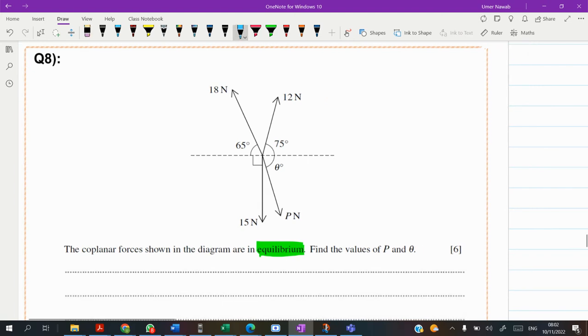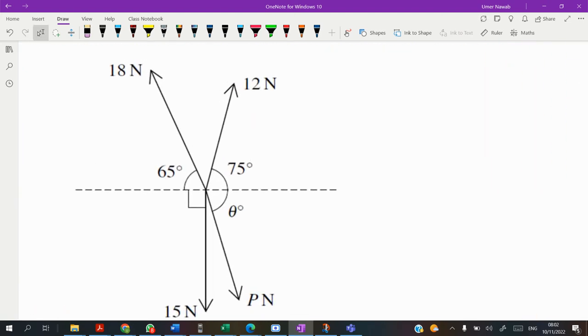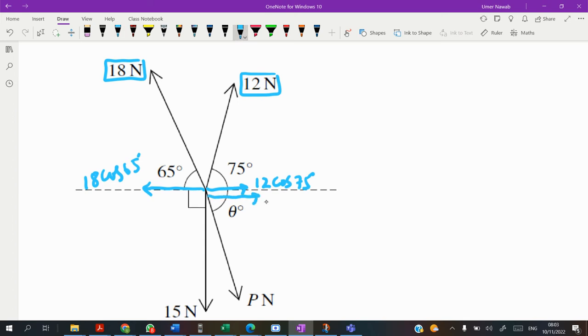Okay, so look at the diagram. The x effect of 12 newton is 12 cosine of 75. The x effect of 18 newton is 18 cosine of 65. The x effect of p newton is p cosine of theta.